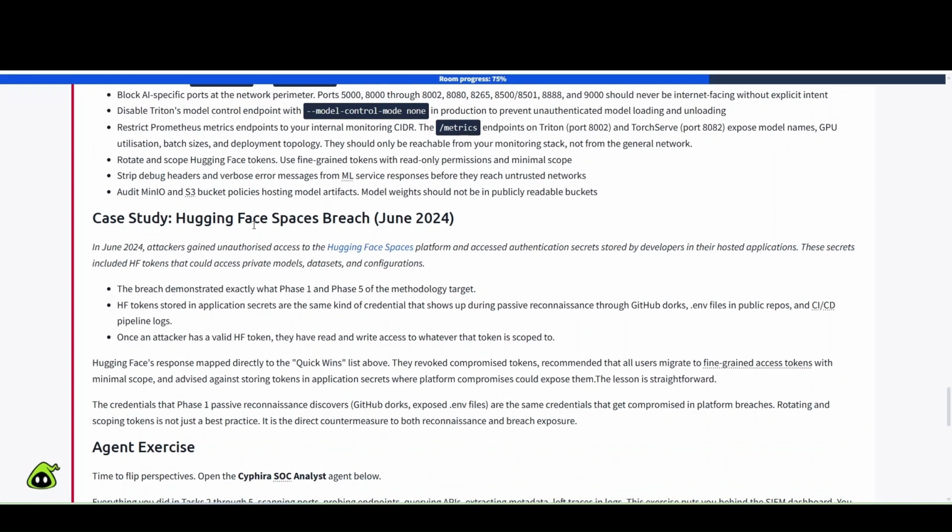Case study: Hugging Face Spaces breach, June 2024. In June 2024, attackers gained unauthorized access to the Hugging Face Spaces platform and accessed authentication secrets stored by developers in their hosted applications. These secrets included HF tokens that could access private models, datasets, and configurations.